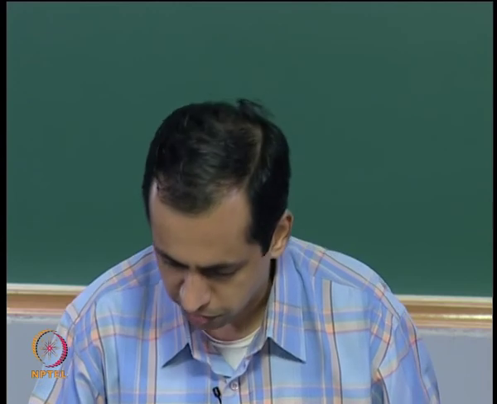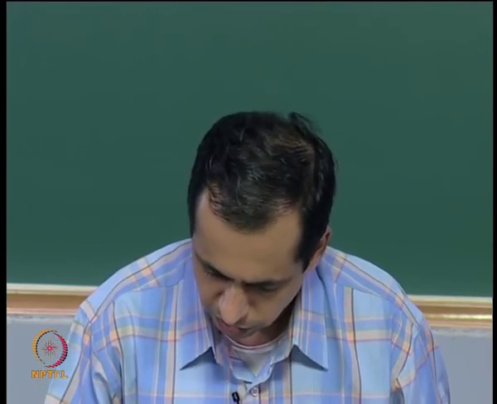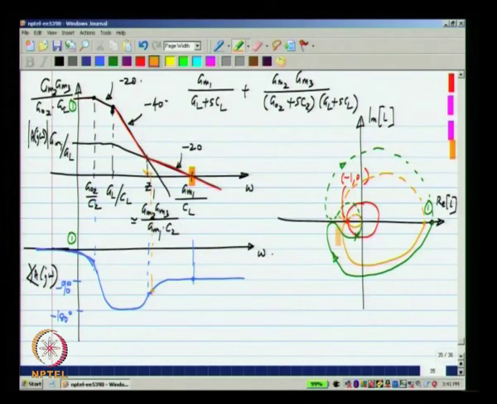It is not necessary that we have a single pole before the unity loop gain frequency, we can have multiple poles, but we should also have zeros, so that the phase shift comes back to somewhere between minus 90 degrees and minus 180 degrees. That means that this phase shift can go to high values, but then the Nyquist plot has to enter the unit circle in the third quadrant, that is with a phase shift of minus 90 to minus 180 degrees.